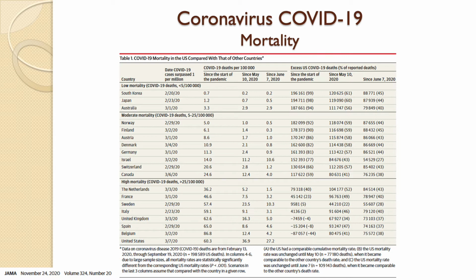And in the lower part of this table you see the countries with the high mortality, such as the Netherlands, France, and many European countries, as you can see. And the COVID-19 deaths per 100,000 can be as high as 36 in the Netherlands and 60 in the United States and 86 in Belgium, as you can see.